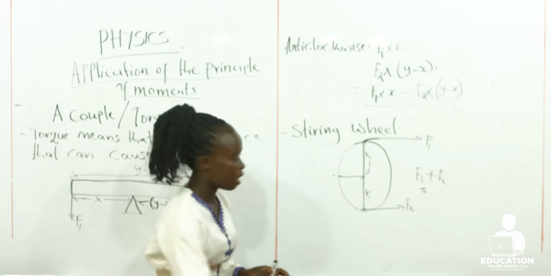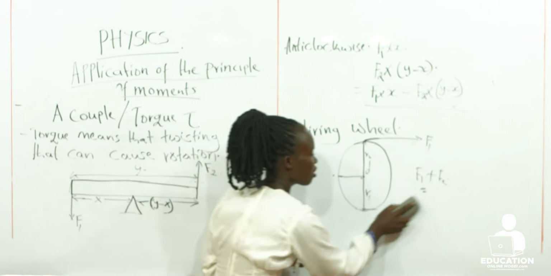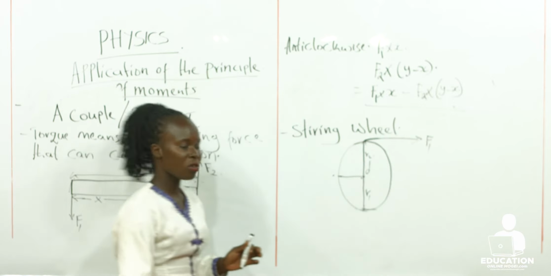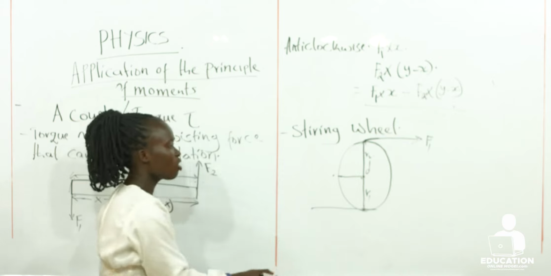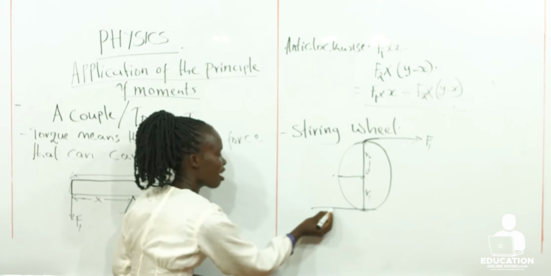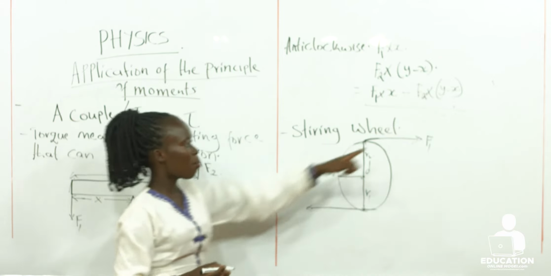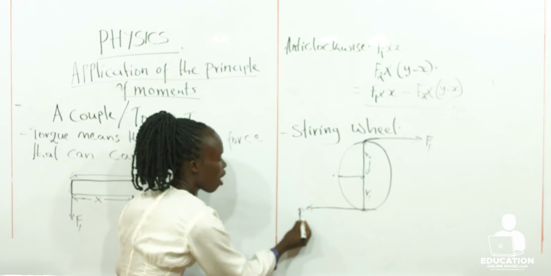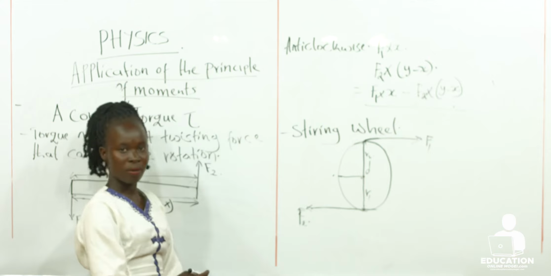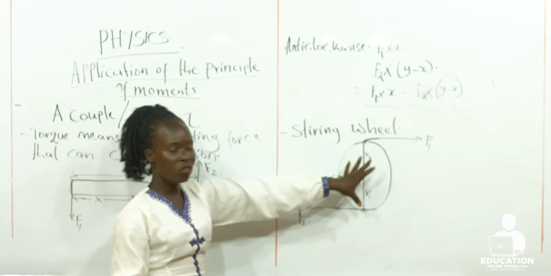So instead of applying this force in this direction, you are going to take a different direction here. You're going to apply another force in this direction in order to balance with the first force, which is going to be our F2. So this is another torque here.